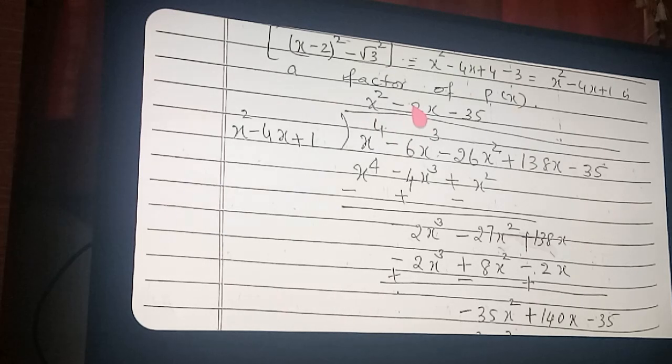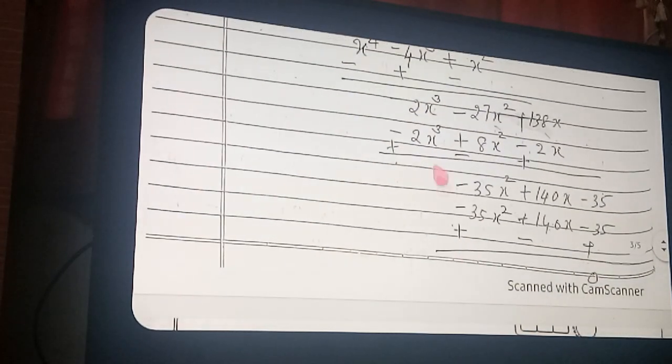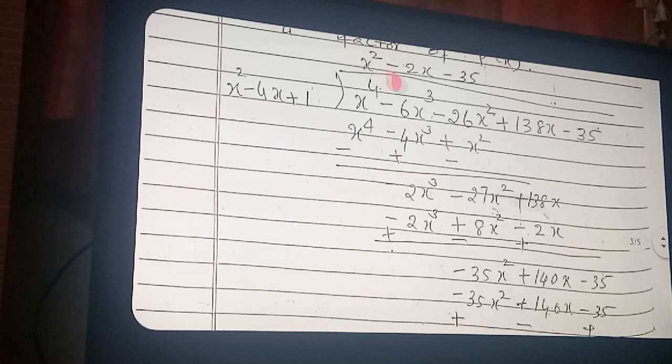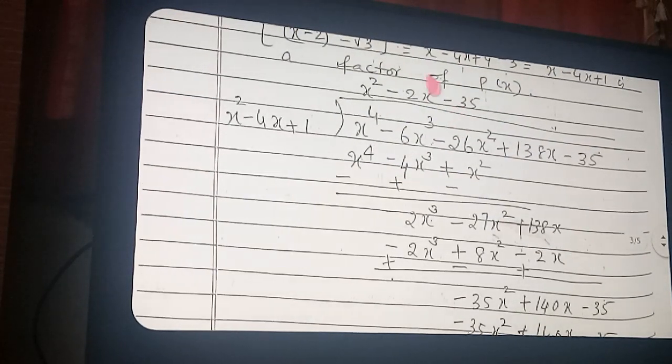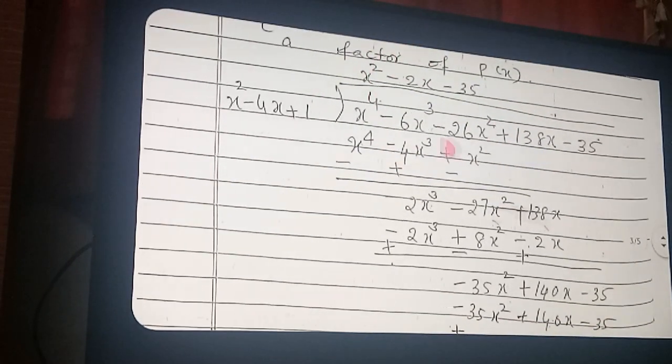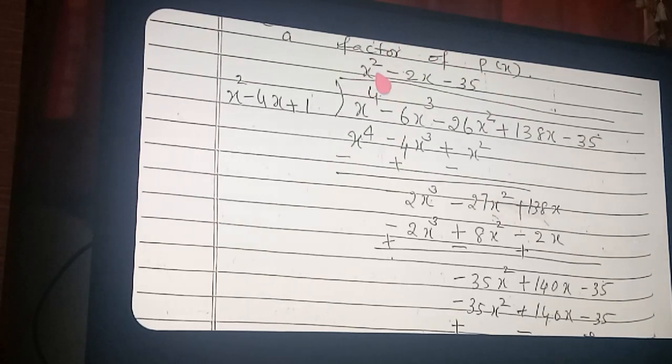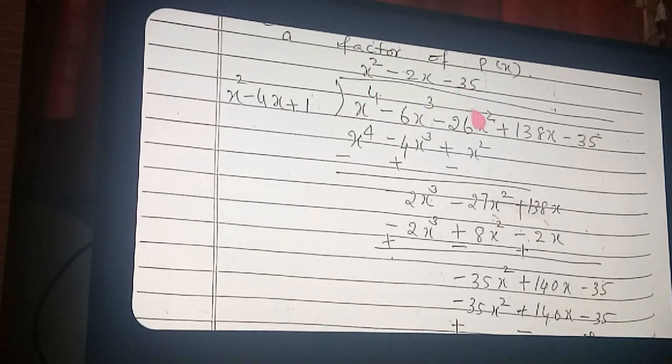Multiply and write down here, and then subtracting, what will you get? Minus 35 comes here. So you got the other factor. While dividing you got the other factor as x square minus 2x minus 35.